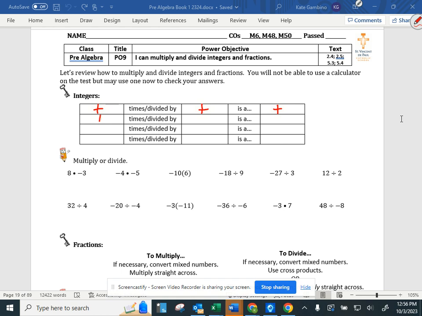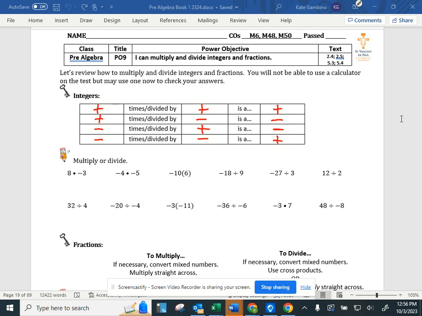What if it's a positive multiplied or divided by a negative? Adeza? It's a negative. Well, what if it's a negative multiplied or divided by a positive? Henry? Still negative. What if it's a negative multiplied or divided by a negative? Claire? Positive.